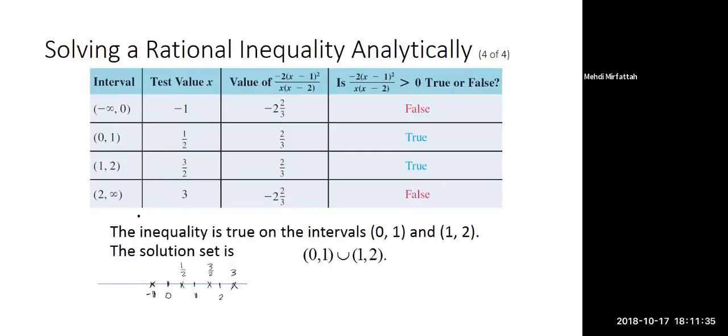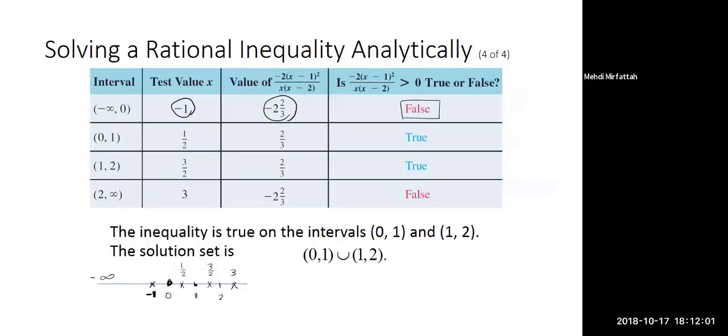From -infinity to 0, you can pick a point. Well, my test point would be maybe -1, right? You plug -1 in and you get a negative number. Is this what you want? You want it to be greater than 0, so that's false. So there is no solution from negative infinity to 0.